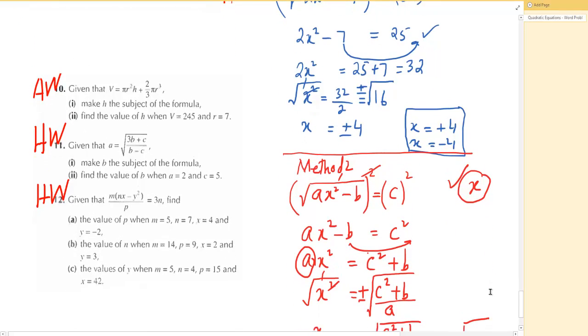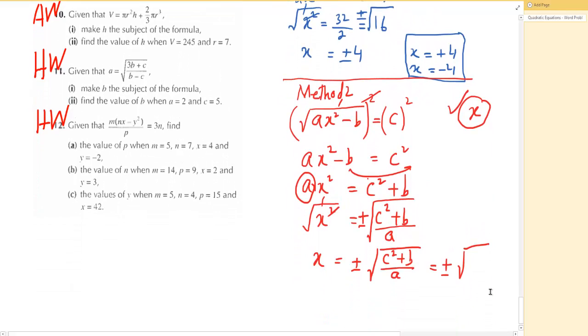Sir, why didn't we put the values before? Can you repeat your question? I said, why didn't we put the values when we were starting the question?